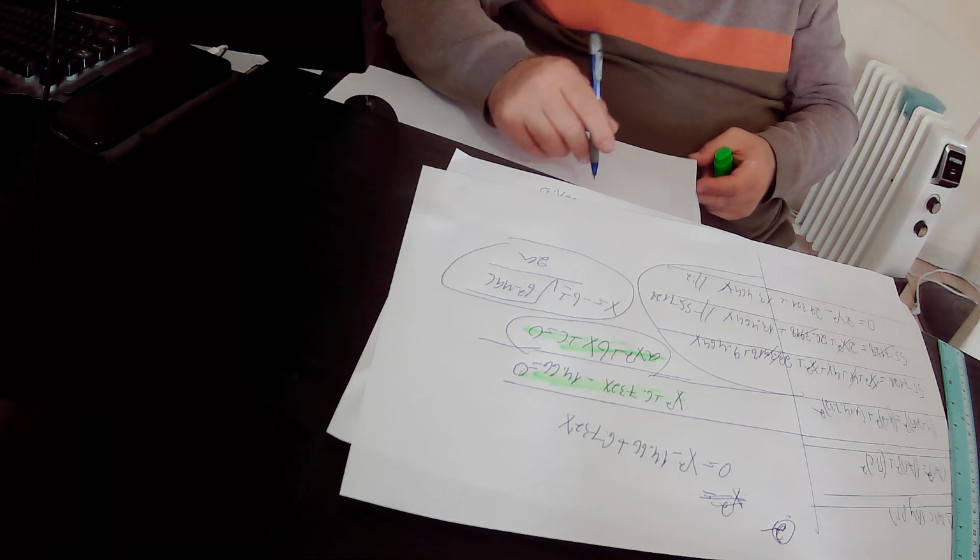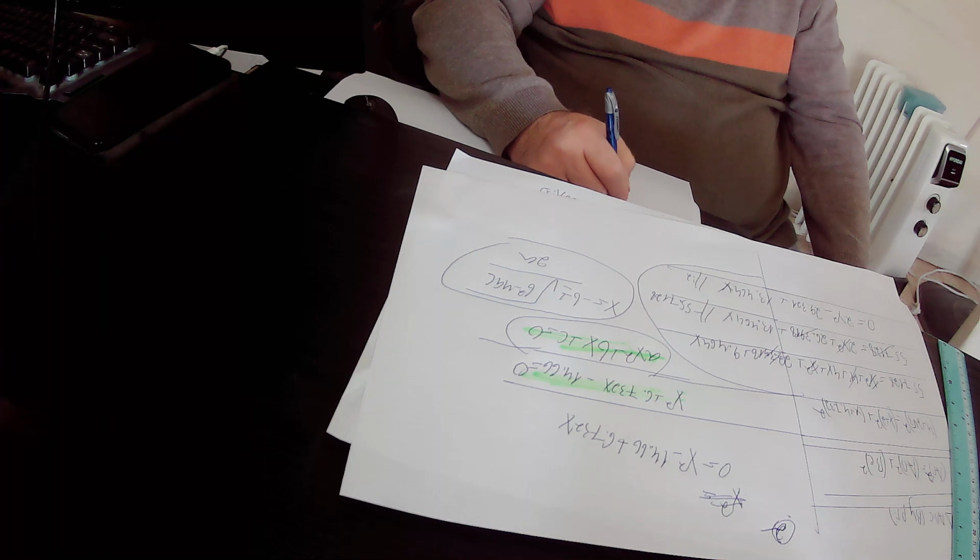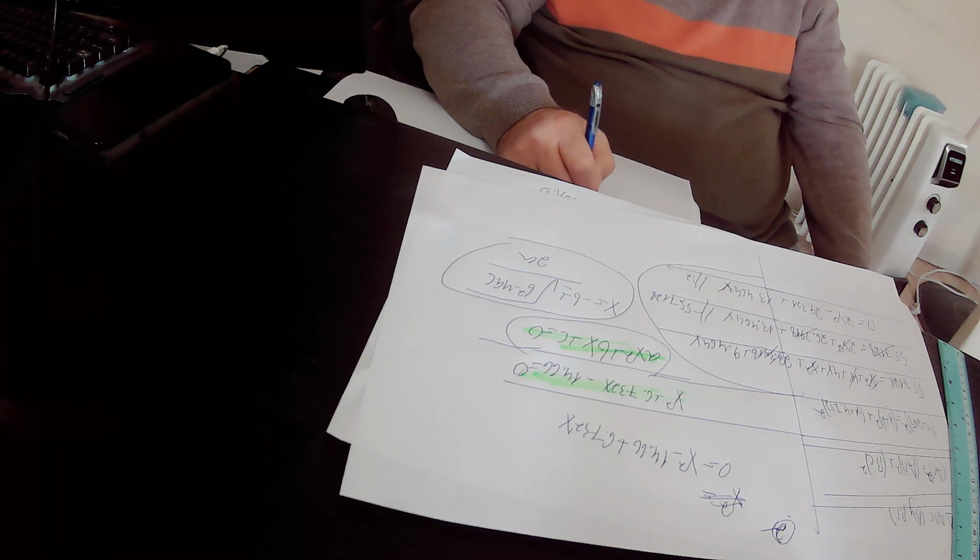I'll copy again the general formula for x. X equals minus b plus minus square root of b squared minus 4 times a times c over 2a.